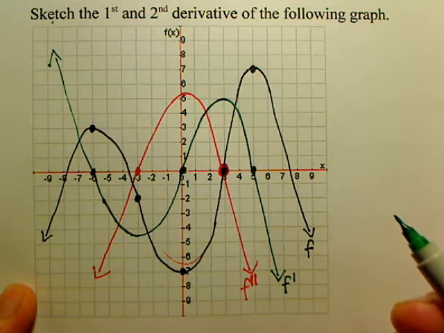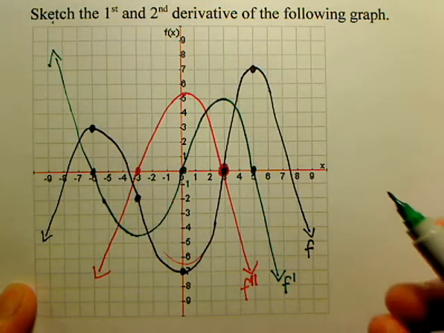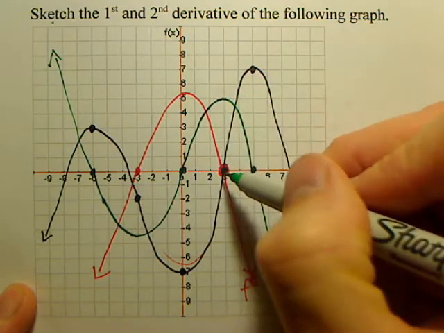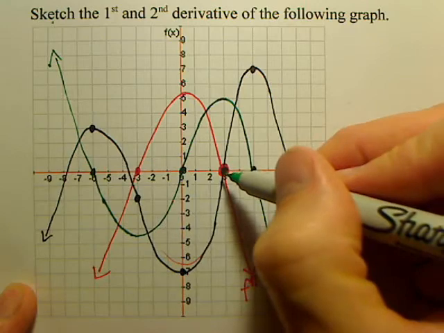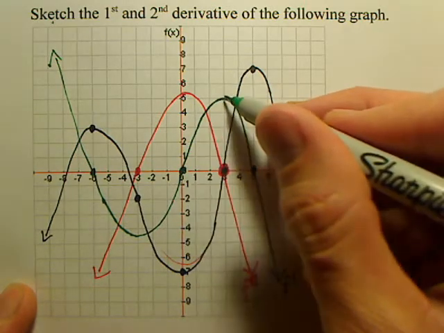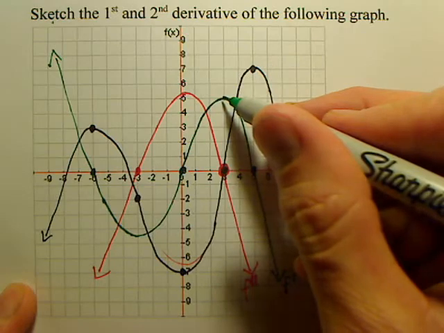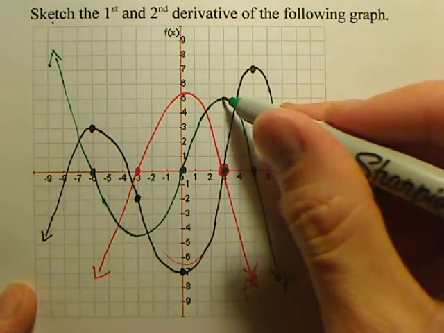Now, a couple of things I want to point out. First of all, I made a point of this, but you might not have caught on: if your second derivative is 0 here, wouldn't that mean the slope of this is 0? So shouldn't my point of inflection be where the first derivative's slope is 0?